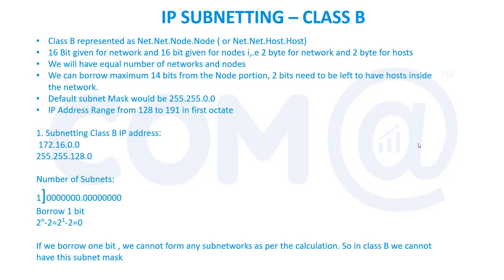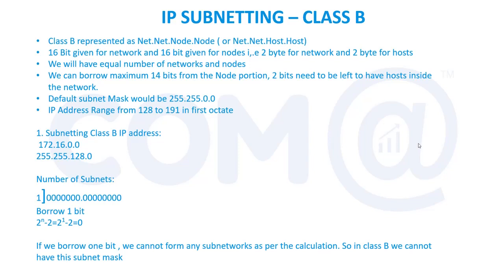Here we can borrow a maximum of 14 bits. Out of 16 bits, I can borrow 14 bits, so the remaining 2 bits we have to leave for the host portion. The default subnet mask is 255.255.0.0. But once I do subnetting, dividing the big network into smaller networks, the subnet mask will get added up.